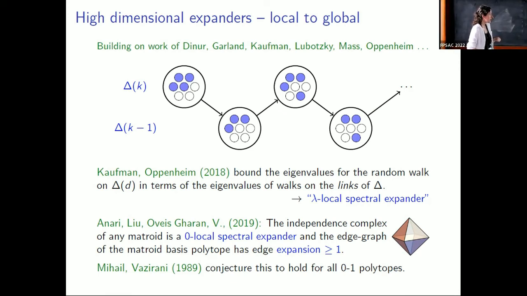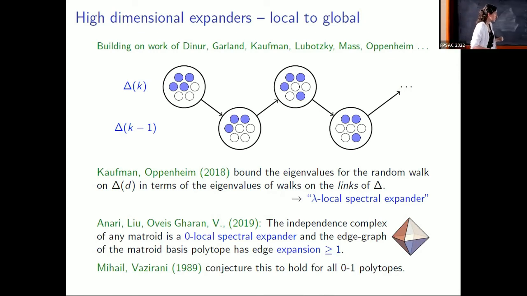If you can bound eigenvalues in terms of walks on the links, then they call these lambda local spectral expanders. Local because you're bounding things on local pieces, spectral because you're doing it in terms of the eigenvalues. And so they developed this beautiful theory that uses local pieces of information to tell you something about a large random walk on the whole thing.